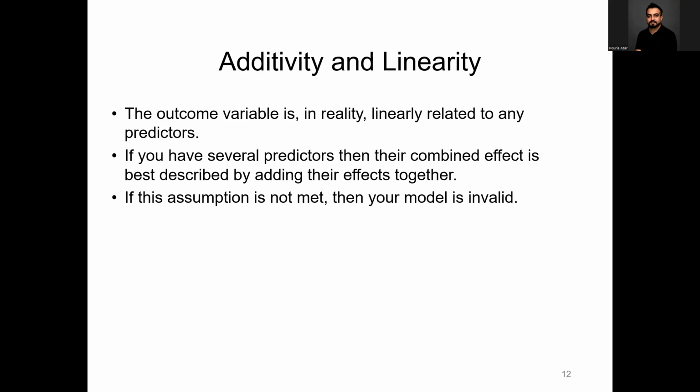So we have to do some sort of correction, or use non-parametric tests instead of parametric tests. Additivity means that, with one outcome variable and several predictor variables, there should be a combined effect of those predictors on the outcome variable, and I have to model the interaction between those multiple predictor variables.